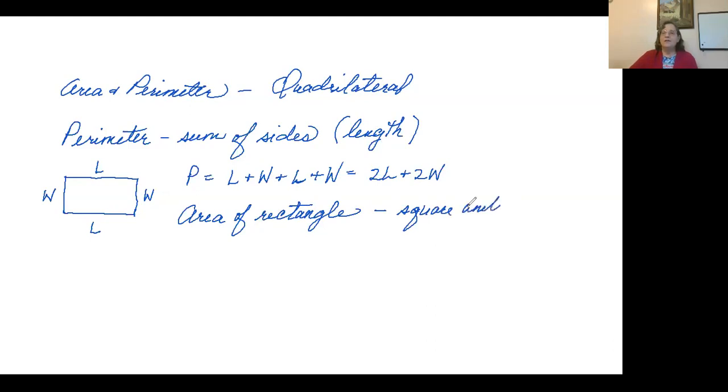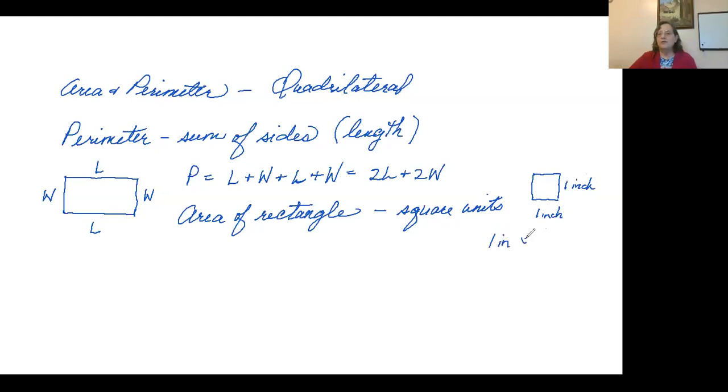A square unit is when you have a square which is exactly 1 unit wide and 1 unit long. So if this, say, were an inch, if this was 1 inch by 1 inch, length times width would be 1 square inch.